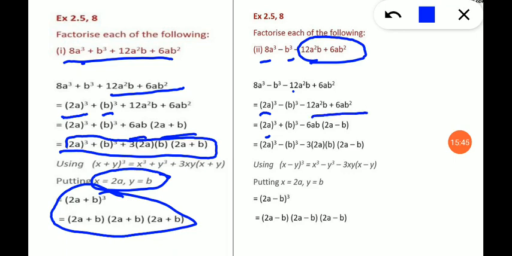So from both 12a square b and 6ab square, we can take 6ab common. We are left with 2a minus b, and thus we can say our x is equal to 2a and y is equal to b. So it is equal to 2a minus b whole cube, and this is our answer.